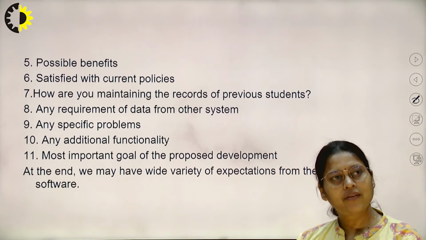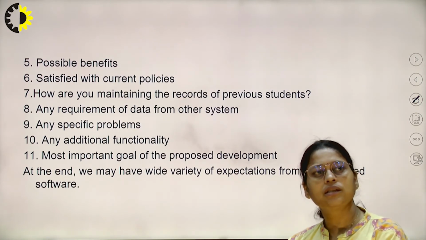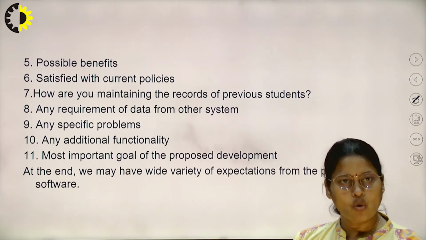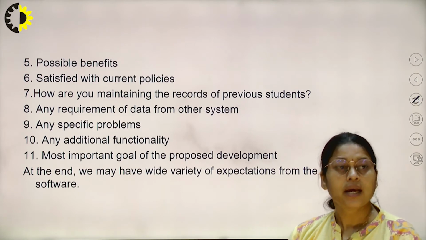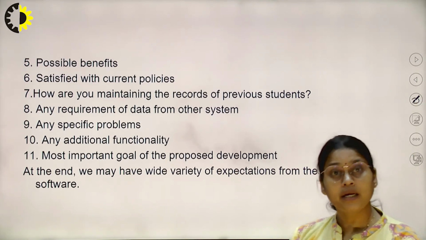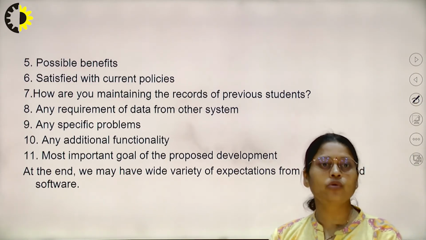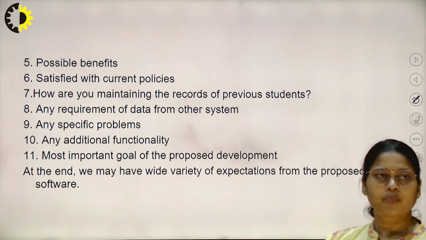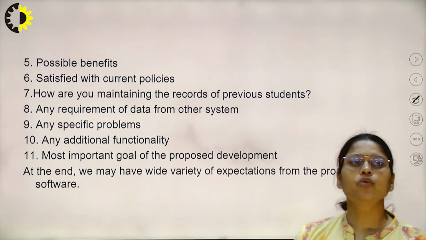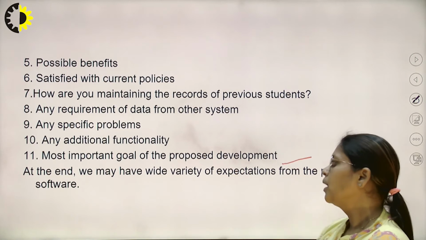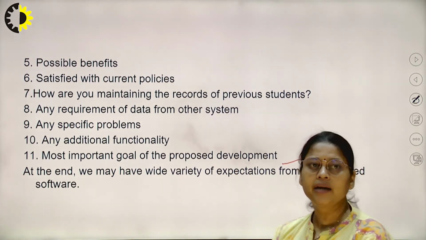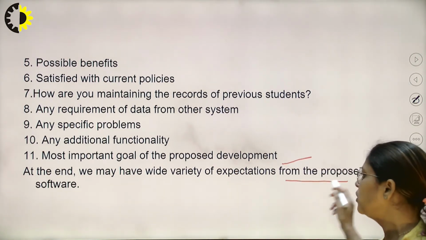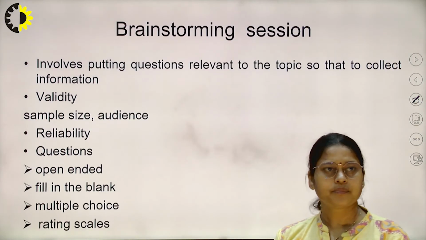Some possible benefits? Are you satisfied with the current policies? How are you maintaining the records of the previous students? Any specific problem? Any additional functionality you want to include in the proposed system? What is the most important goal of the proposed development? And at the end we may hear a variety of expectations from the proposed software.